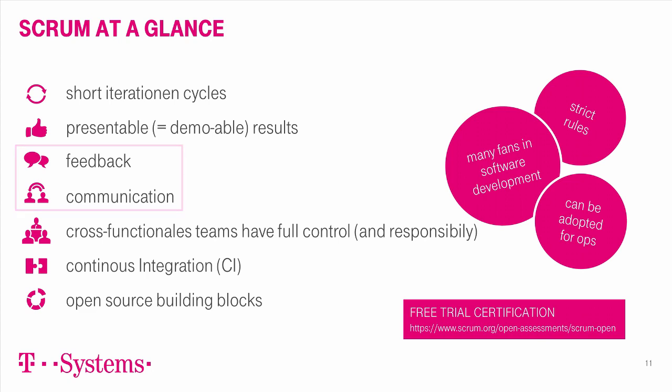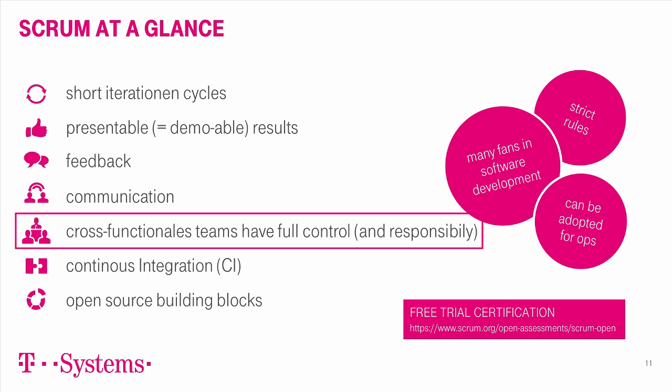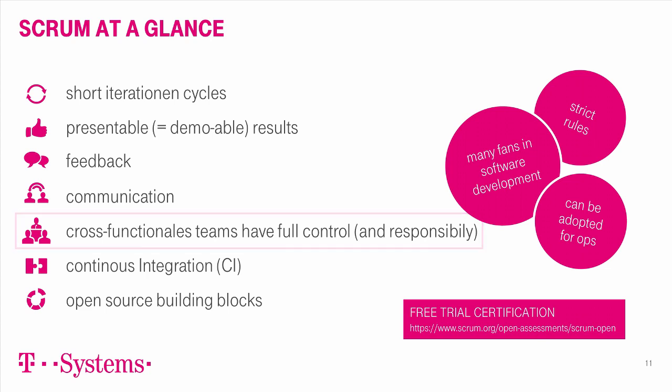in the Scrum concept. To achieve these goals, you need a cross-functional team, but it's essential to assign full control and full responsibility to this team as long as it's working on the features. To be able to do so, you need a couple of tools and foundations.